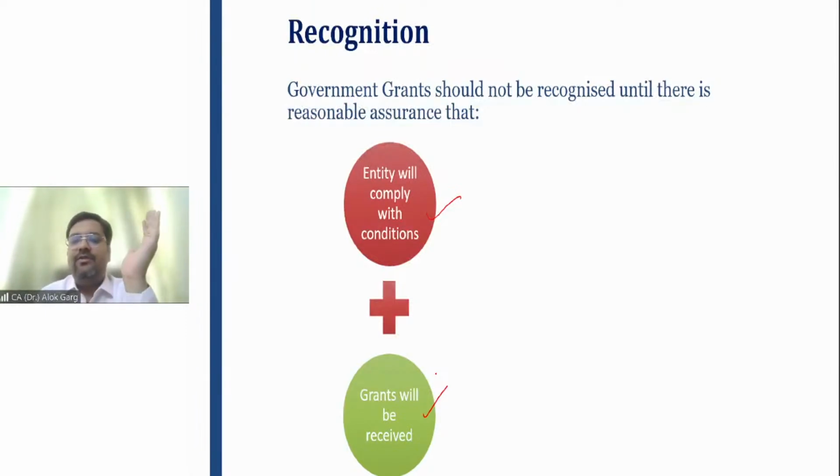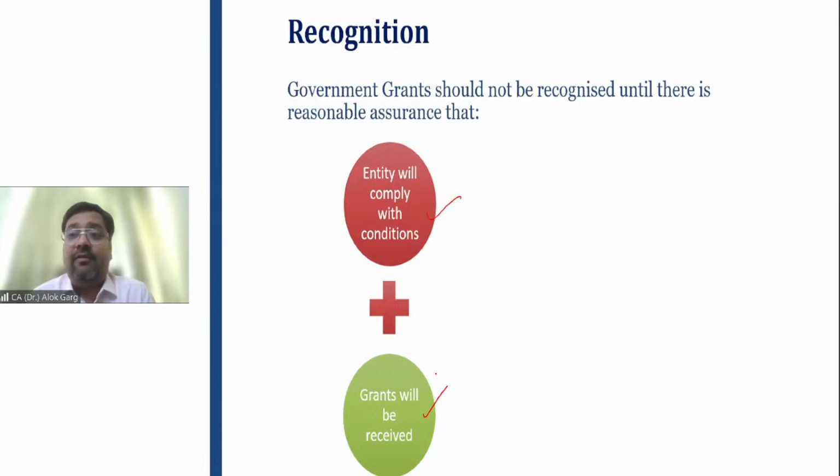In the next 3 years, you have to reach a level of 1,000, right? And if you are not able to meet this condition, after 3 years I will get this grant back from you. So this grant will go back to the government if the entity is not able to meet the condition in the next 3 years.